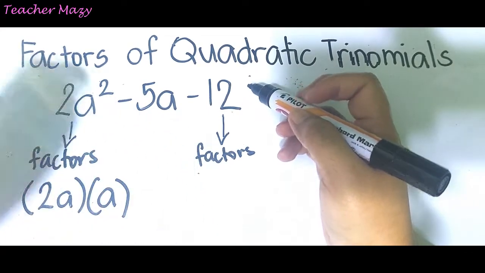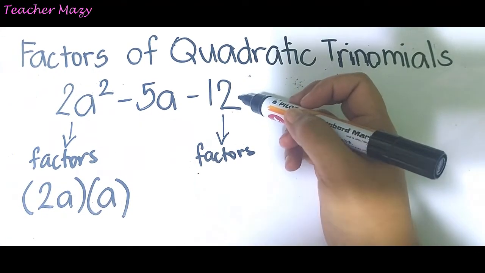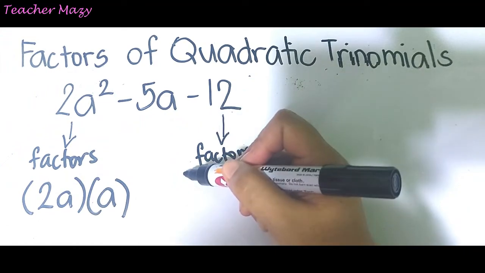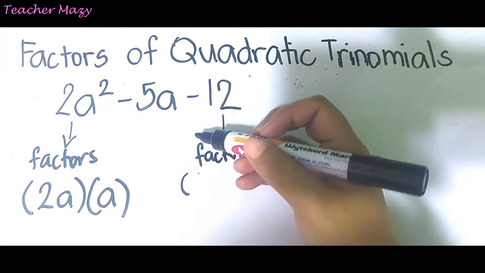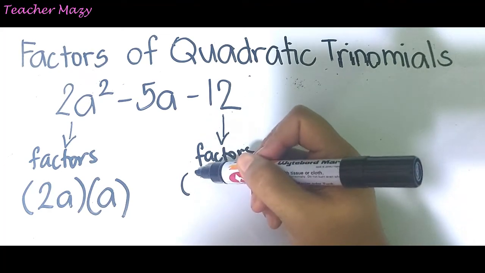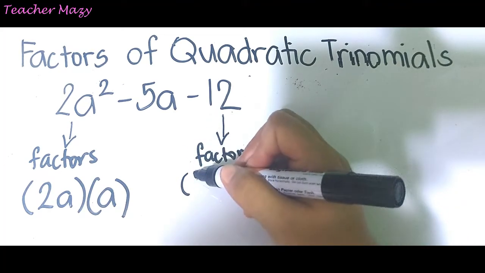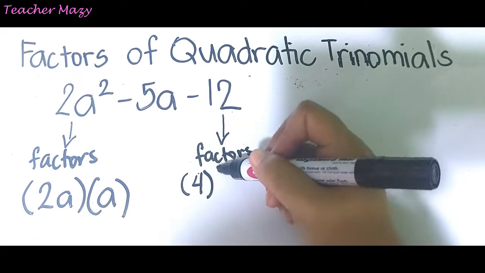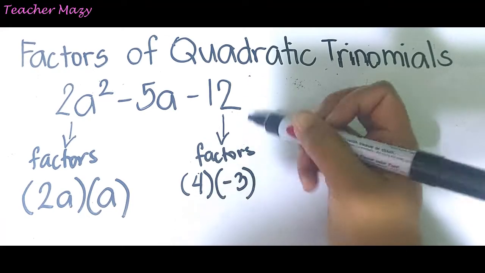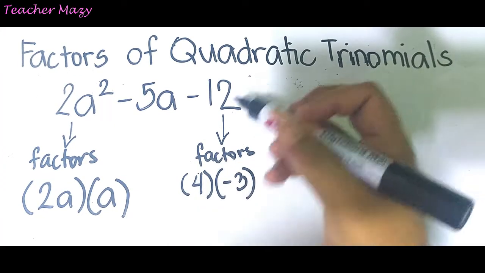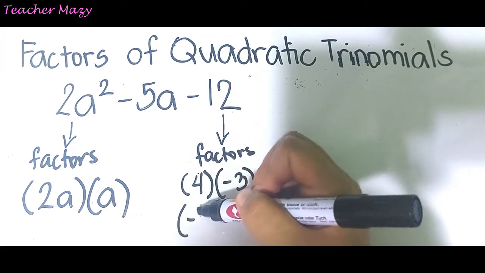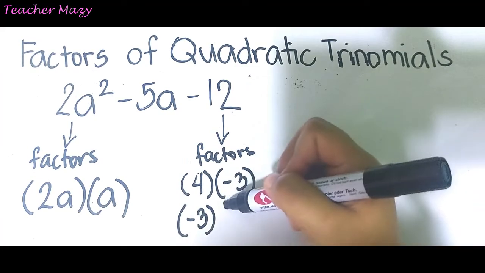The factors can be 4 and negative 3, since 4 times negative 3 is negative 12.